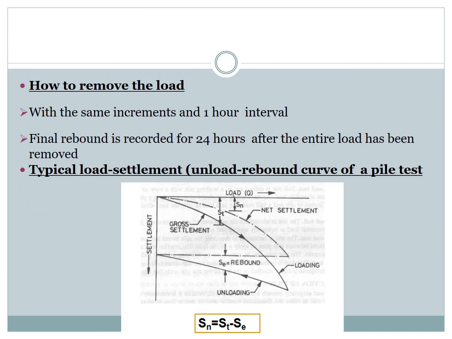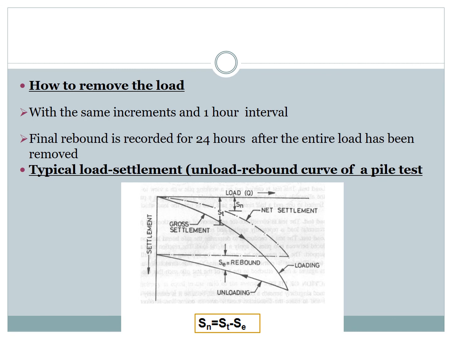Next, the typical load settlement graph. As I told you earlier, the load is removed in the same decrements at 1 hour intervals, and the final rebound is recorded 24 hours after the entire load has been removed. In the load settlement graph, as the load increases the settlement increases, and after removing the load the soil rebounds.